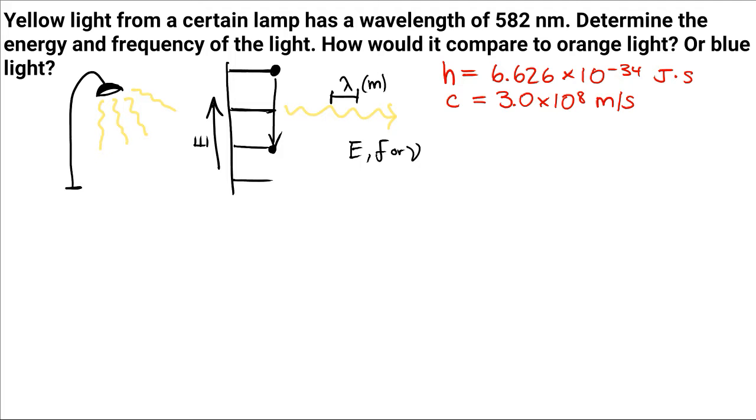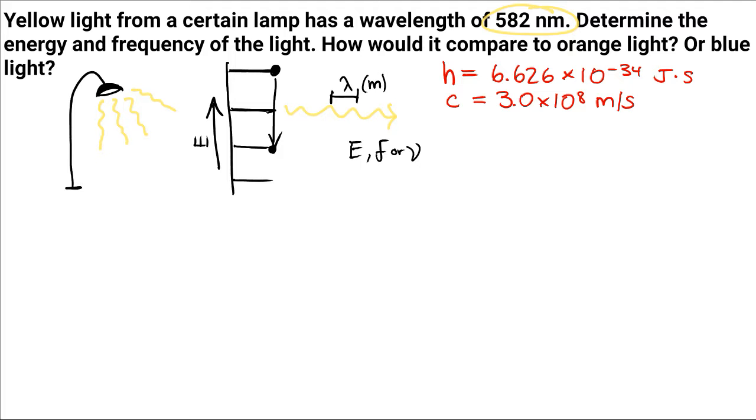So we can get started with this problem, and I'll be doing it live with you. So we have the wavelength of this light, and we know that it is 582 nanometers. 582 nanometers is a useful way to represent it, because 1 nanometer is 1 billionth of a meter.